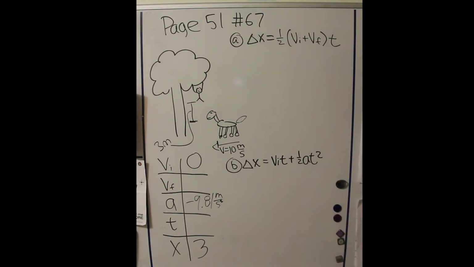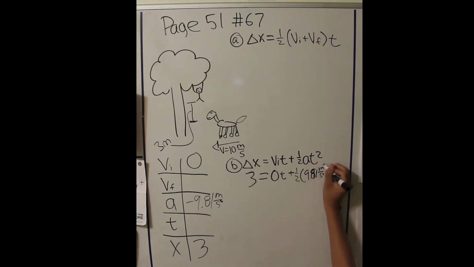So here we can plug our values into the equation. We can plug in 3 for x equals initial velocity, which is 0, times time, which we don't have, which we're solving for, plus 1/2 acceleration by gravity, 9.81 meters per second squared, times time squared, which again we don't have because we're solving for it.